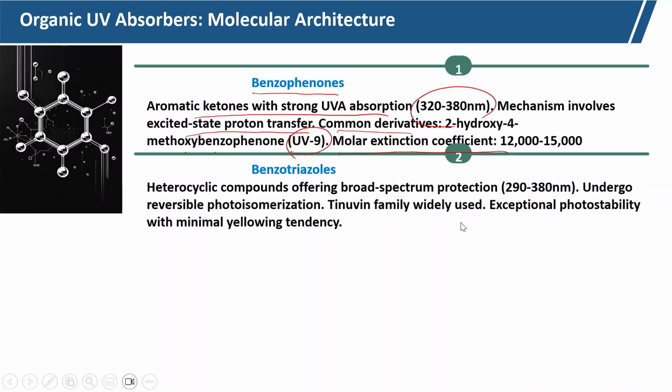Now, the next one is benzotriazoles. These are heterocyclic compounds offering broad spectrum absorption within 290 to 380 nanometer, covering the UVB range, which undergo reversible photoisomerization.